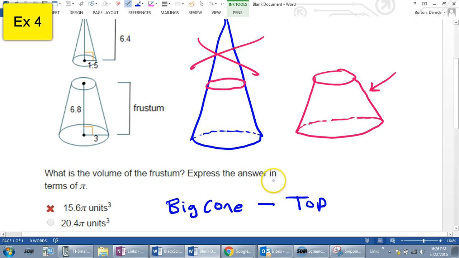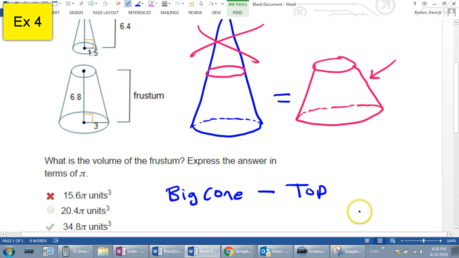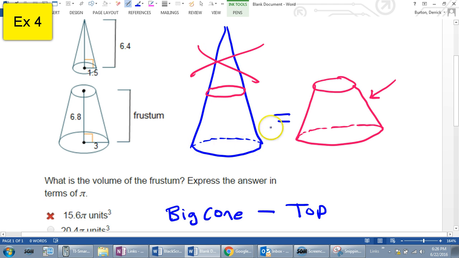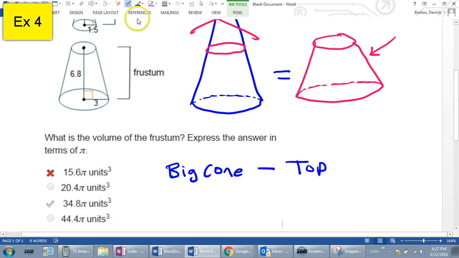Will you agree that if I took a cone and I took away the top, then that would give me the frustum? Does that make sense? Yeah. Okay, so that's how we're going to do the calculations. We're going to find the volume of a big cone, a full cone, and then we're going to subtract the top of it. That would be the same thing as slicing it off, subtracting it. So that's our strategy.